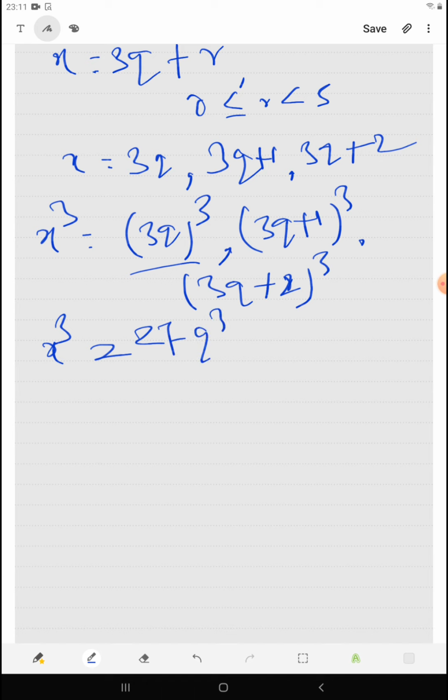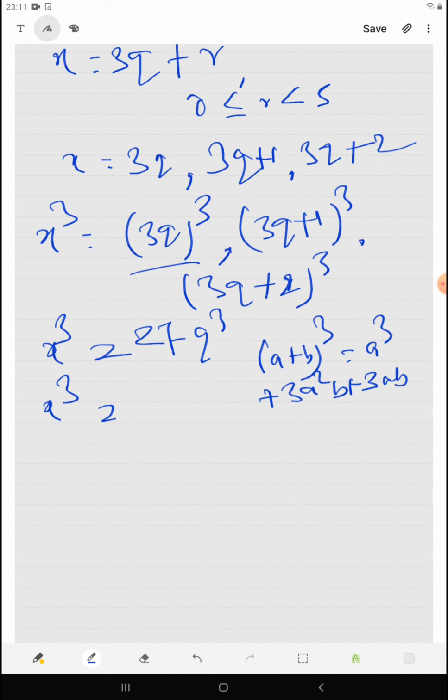In the second case, x cube equals, so a plus b whole cube equals a cube plus 3a square b plus 3ab square plus b cube.